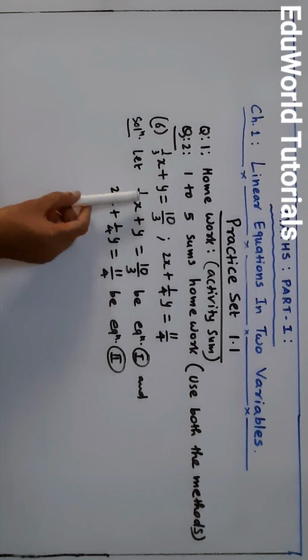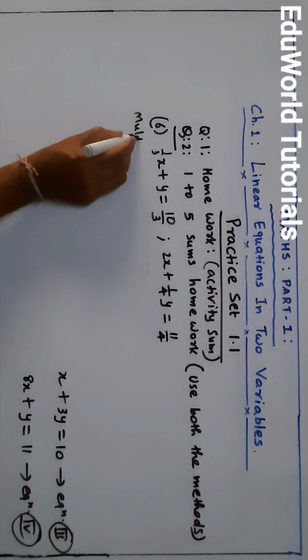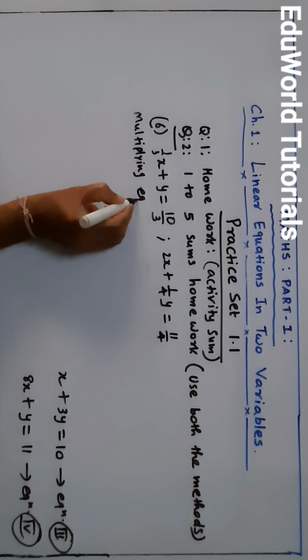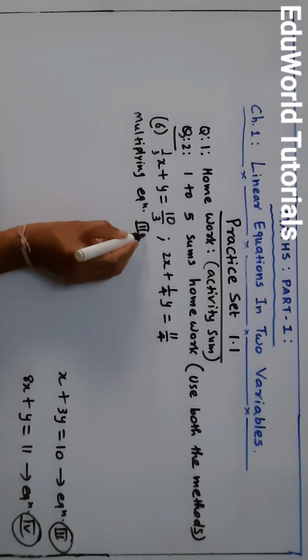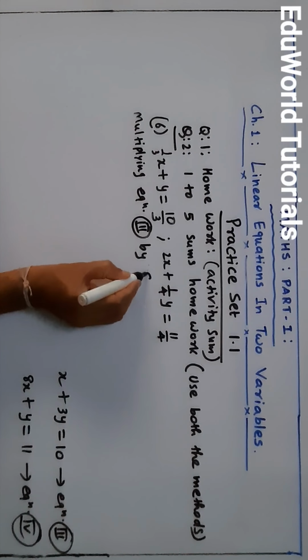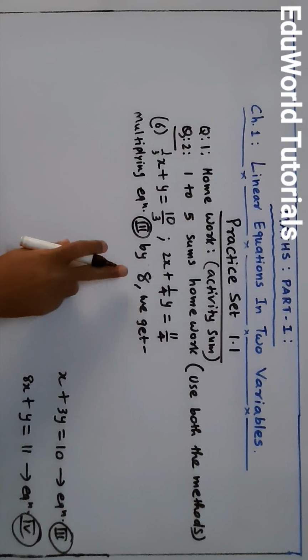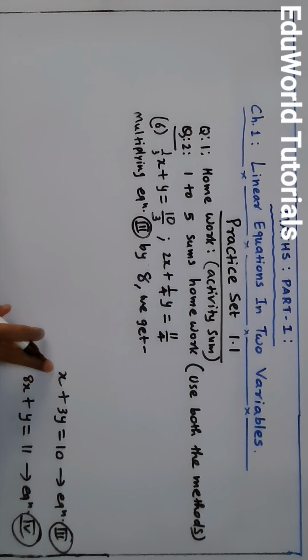I'll prefer x. To make the x coefficient equal, I will multiply equation 3 by 8. So I'm writing here, multiplying equation third by 8, we get 8x.